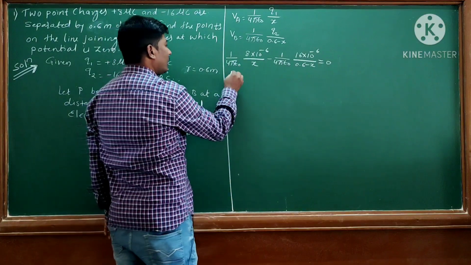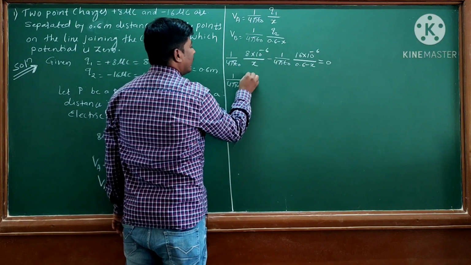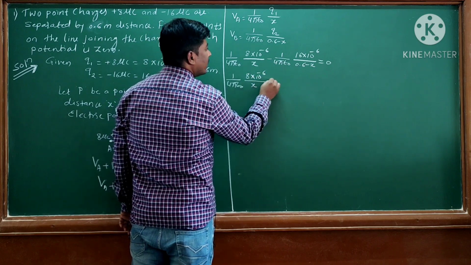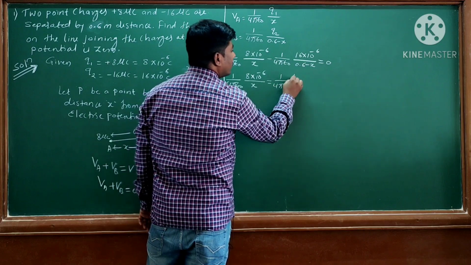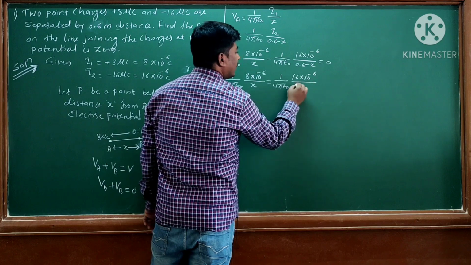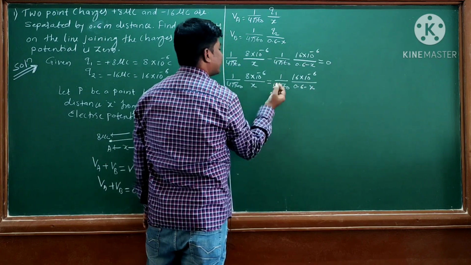Okay. So this 1 by 4 pi epsilon naught 8 into 10 to the power minus 6 divided by x, which is equal to 1 by 4 pi epsilon naught 16 into 10 to the power minus 6 divided by 0.6 minus x. Okay.